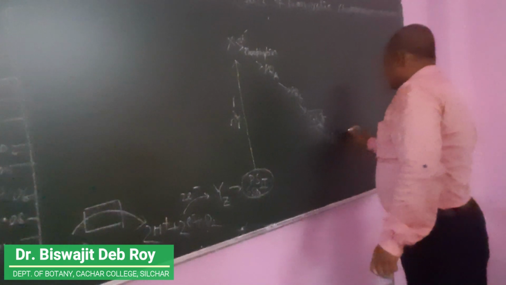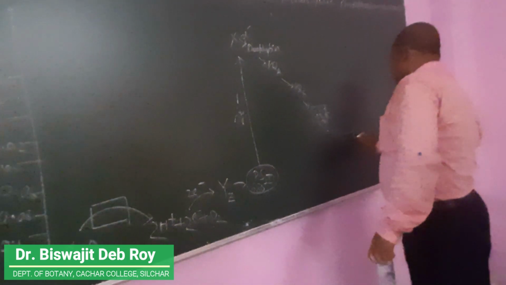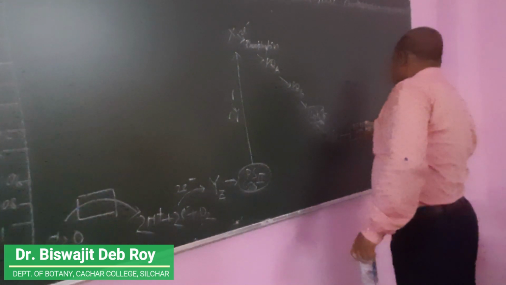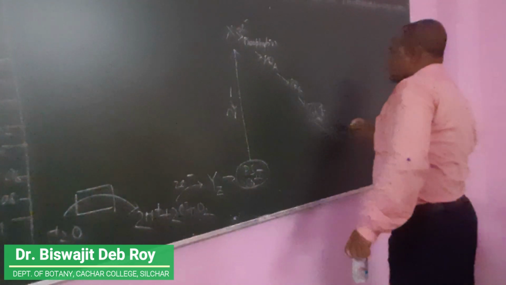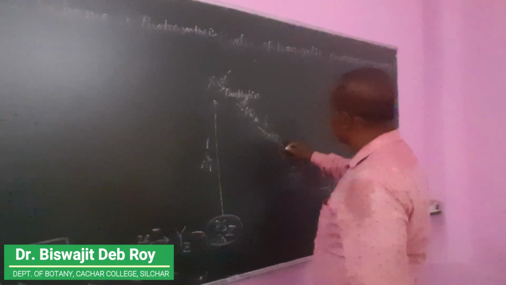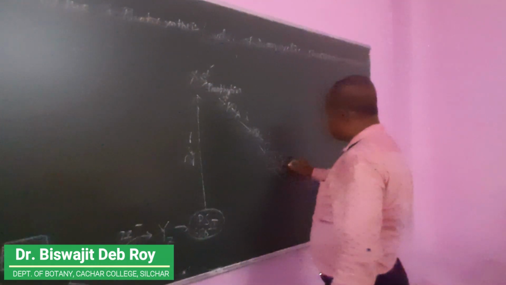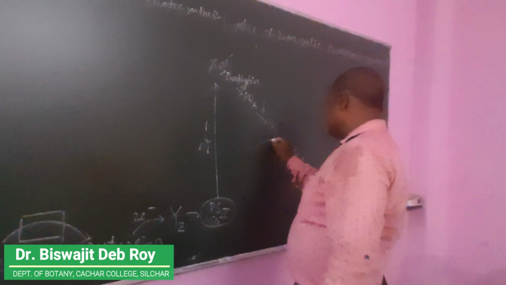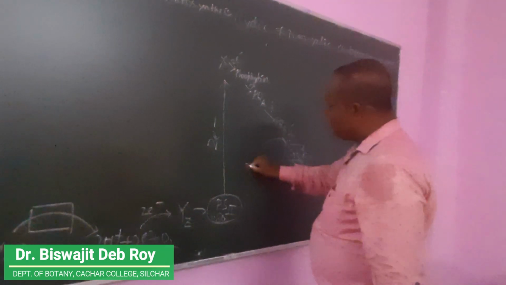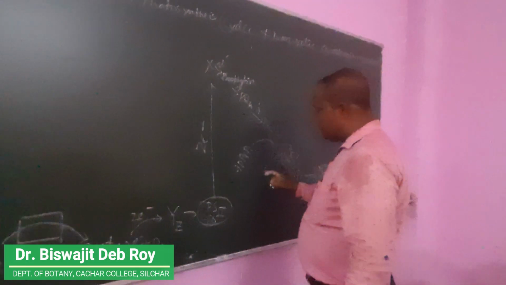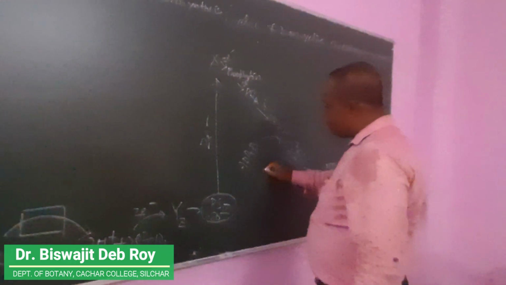Then this plastocyanin will transfer its electron to PS1, photosystem 1, 700. So at every step there are 2 electrons. In this particular step, 1 ATP will be formed; I am coming later to how ATP is formed. Here 1 ATP will be formed.